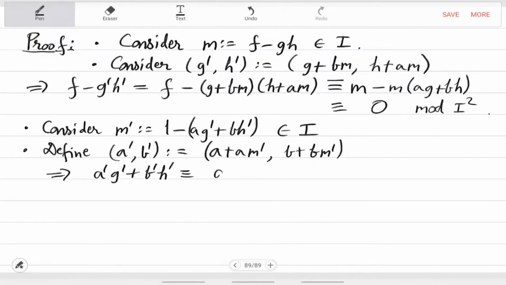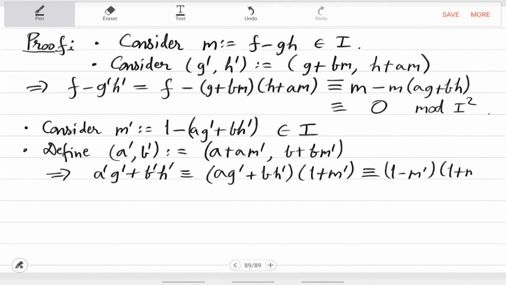So this is ag prime plus bh prime times 1 plus m prime. So we are doing this now mod I square, right? That's the modulus. What is ag prime plus bh prime? That is 1 minus m prime by definition, which is 1 mod I square.